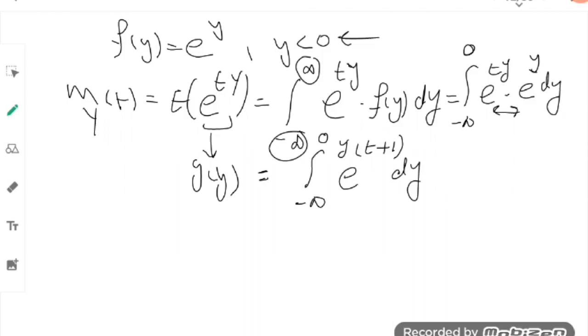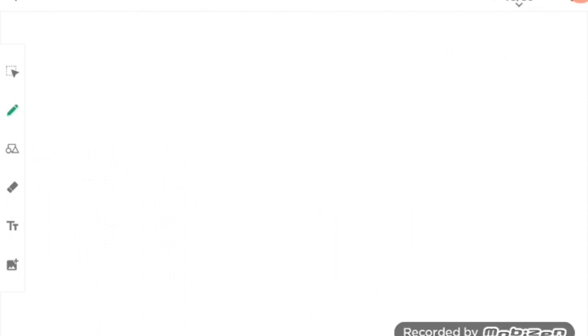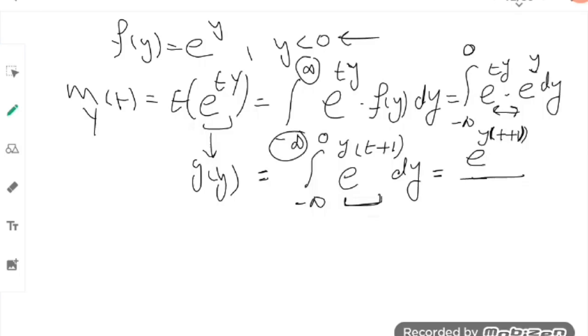This is an exponential function. The integration of this exponential function is the same, e to the power y times t plus 1, but if there is a coefficient multiplied by y, we have to divide by this coefficient t plus 1, and then substitute from negative infinity to 0.